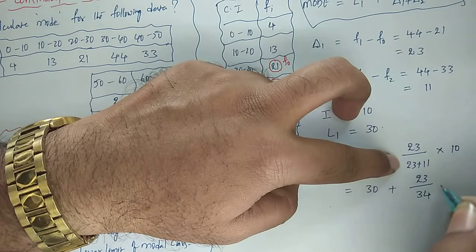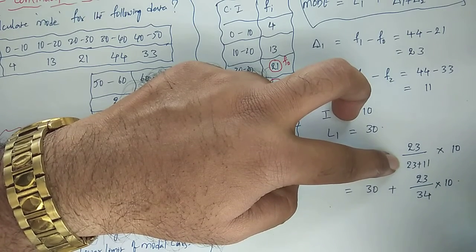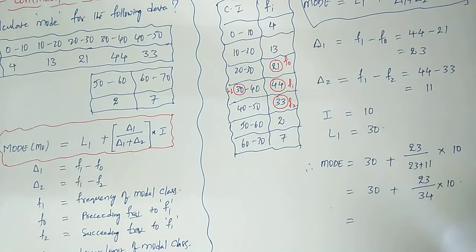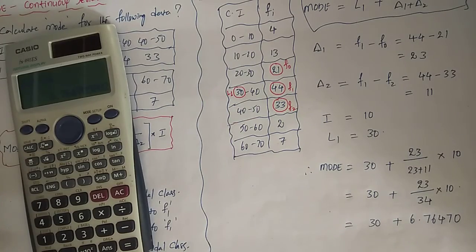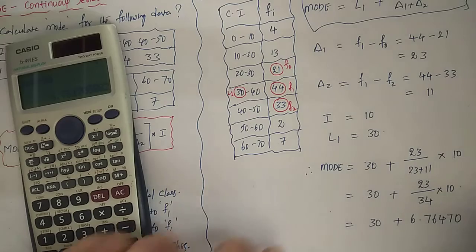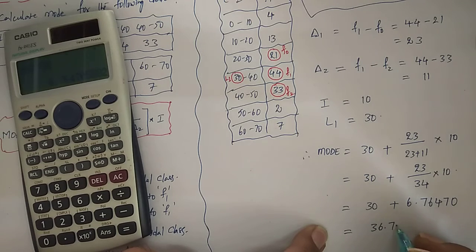So 34 into 10. So how much you will get? You simplify it. So 6.76470. Then what is the mode going to be? 36.76470.